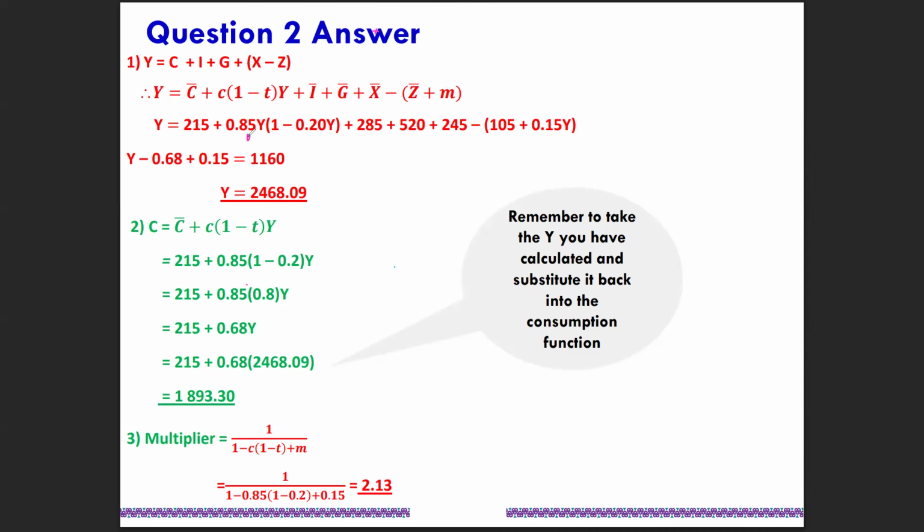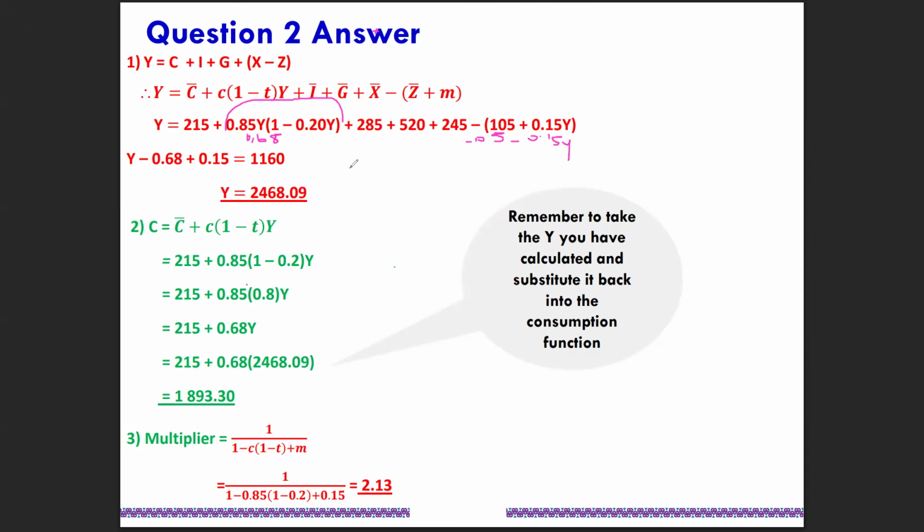So this becomes 0.68, right? All of this. It's going to be 0.68, and then this will be minus 105 minus 0.15y. Right, then you group the like terms.